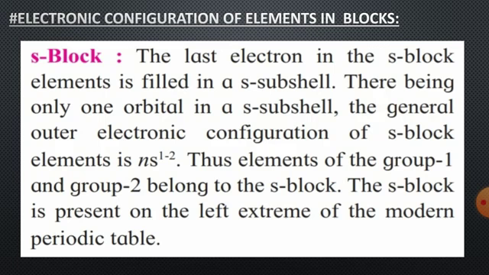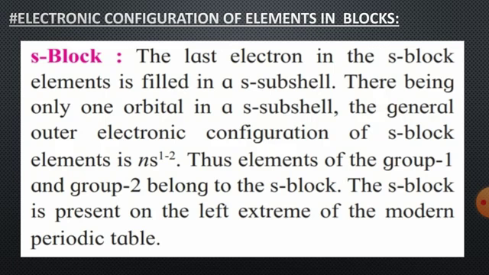ns1 to 2. Suppose helium is there. Its atomic number is 2. Its electronic configuration will be 1s2. If hydrogen is there, its atomic number is 1. Its electronic configuration is 1s1. If lithium is there, its atomic number is 3.